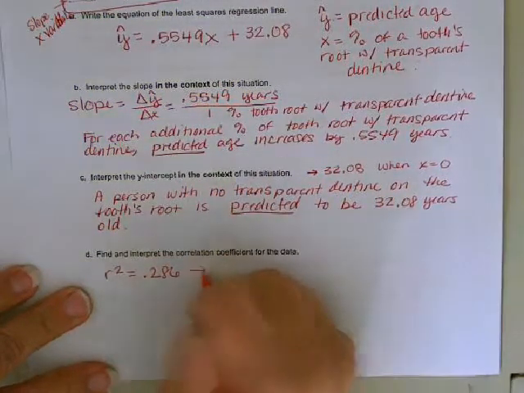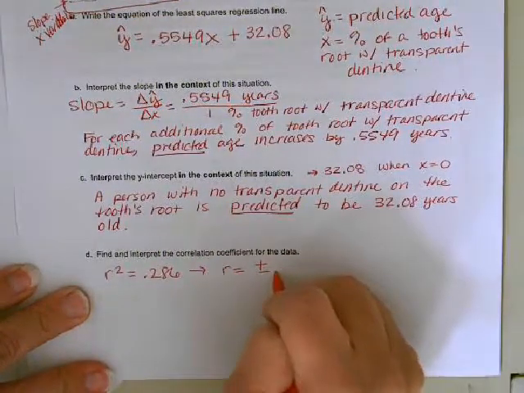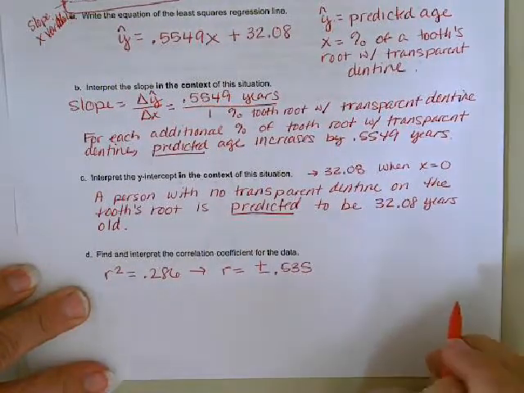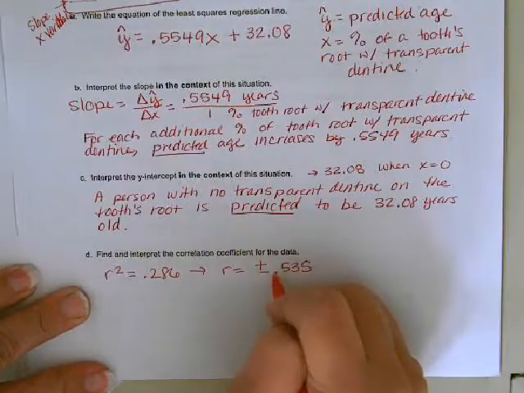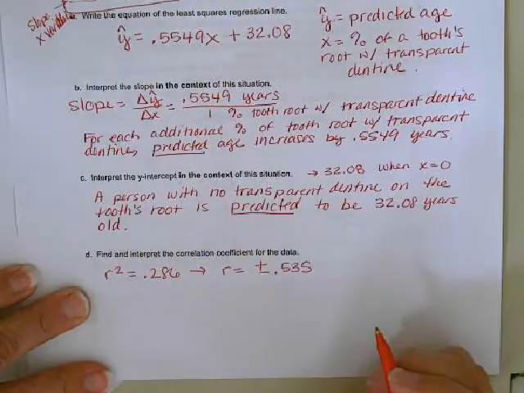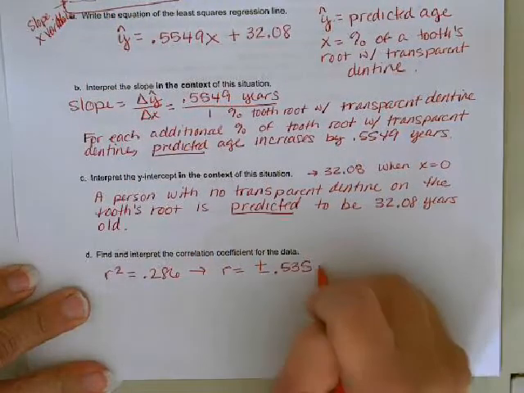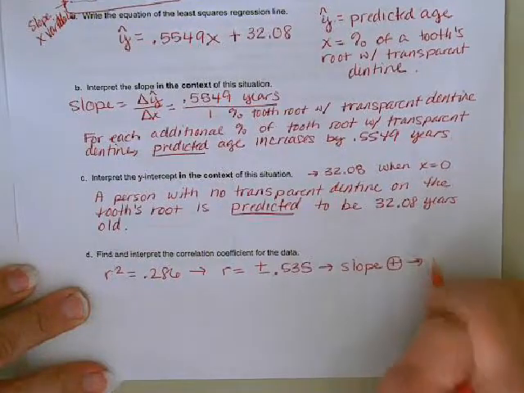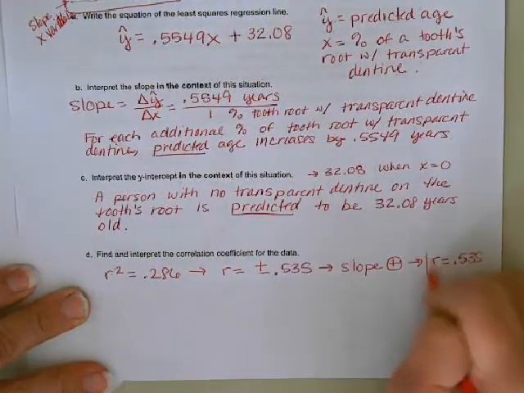So then that means that R is either plus or minus 0.535 if you take the square root of 0.286. To decide whether it's the positive or the negative value, you look at the slope. In this problem, the slope is positive. So that means that R needs to be positive as well. So then R is 0.535.